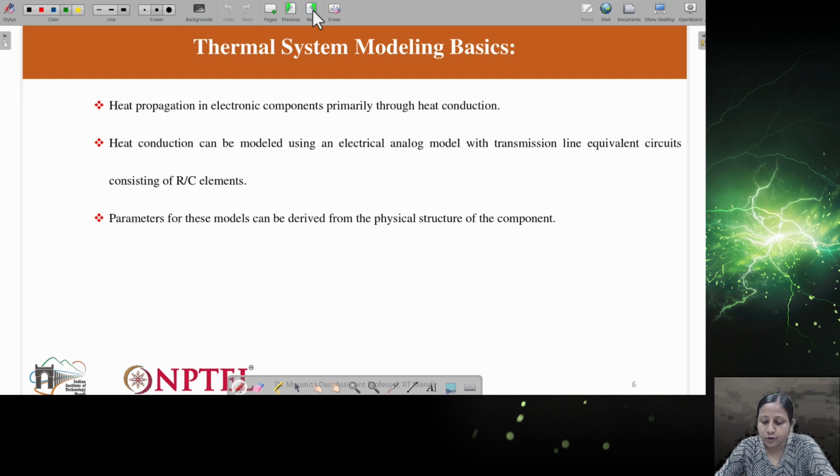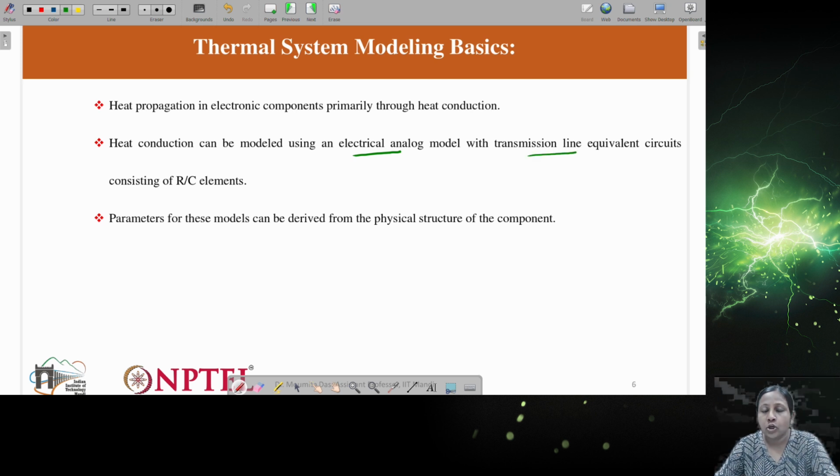Now you can see how we can model the thermal system. For modeling the thermal system, heat propagation in an electronic component happens primarily through heat conduction. So how can we model heat conduction? We can use an electrical analog model with a transmission line equivalent circuit consisting of RC elements. If we use an electrical analog model for thermal modeling, it will be easier to model the thermal parameters. The parameters for these models can be derived from the physical structure of the component.